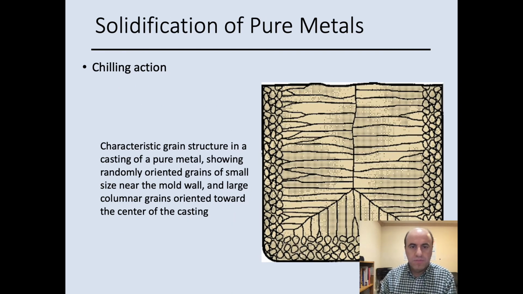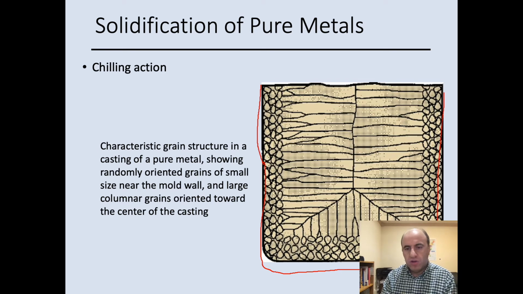This is a schematic that shows you the grain structure in pure metal. So here we have the wall of the mold, from top to bottom all the way to this section, and we have a characteristic which is called chilling action.